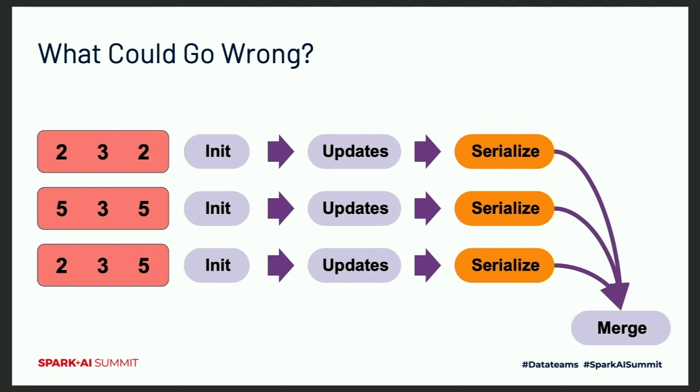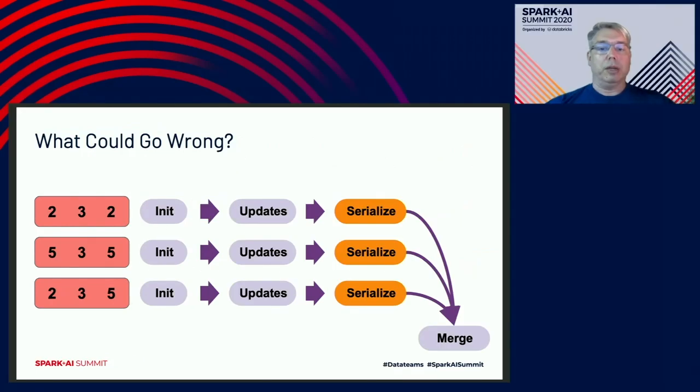The only time you should, in theory, need to serialize one of these aggregators is after you've finished updating from a single partition so that you can send them across the network to collect them at whatever node is doing the final merge operation. And you can see these serializations over on the right. So in this example diagram, I would be expecting my print statement to run 3 times.